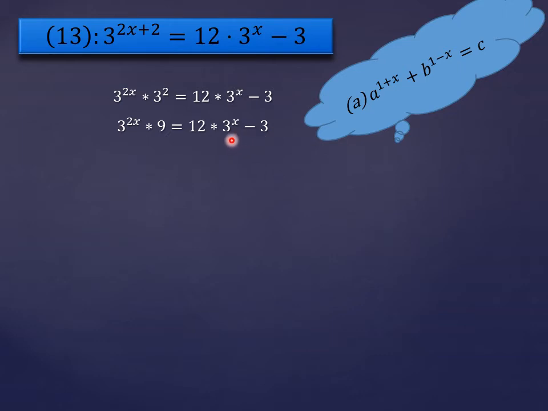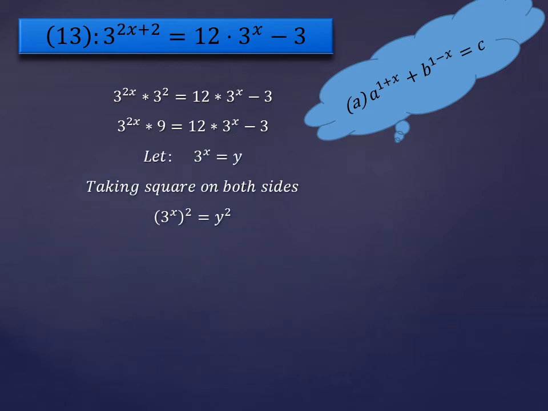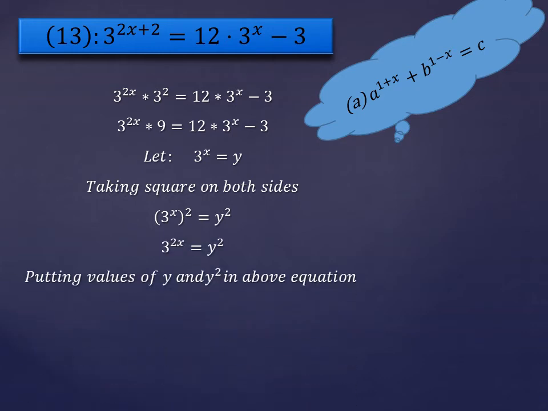Which is the smaller power, 3 power x, and the greater power is 3 power 2x. So we will take 3 power x as equals to y. Taking the square of both the sides, we will get 3 power 2x equals to y square. I will put y and y square instead of 3 power x and 3 power 2x.